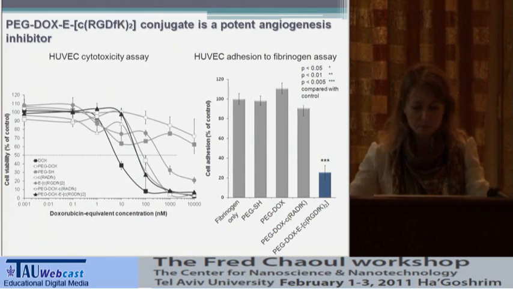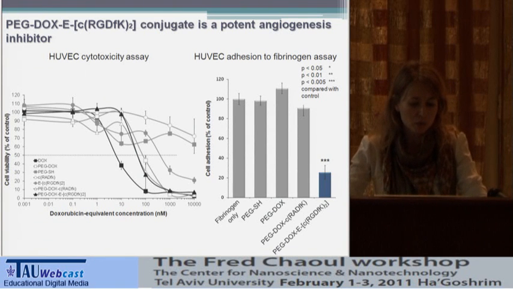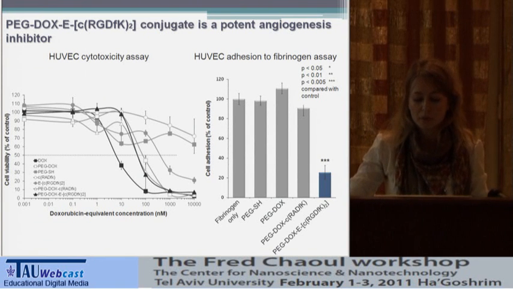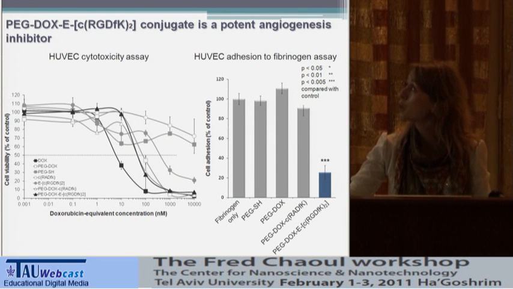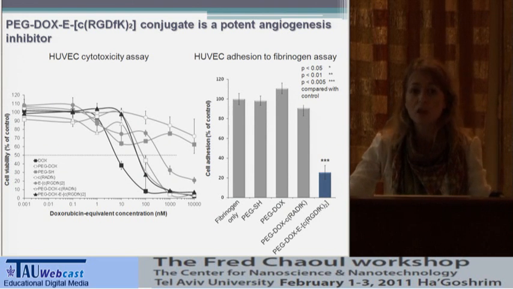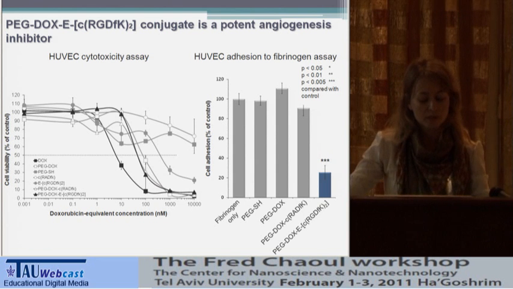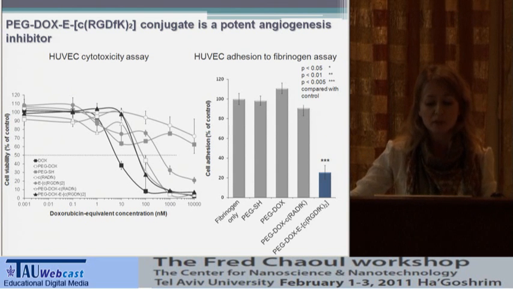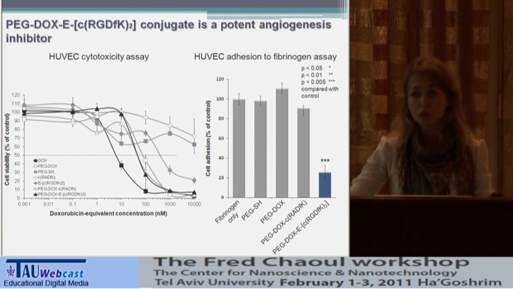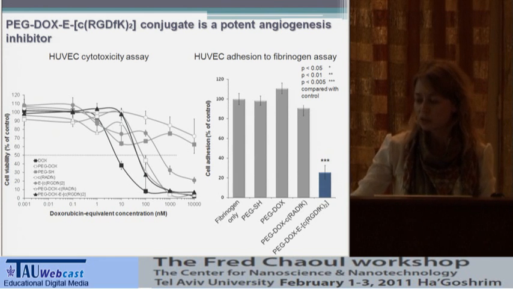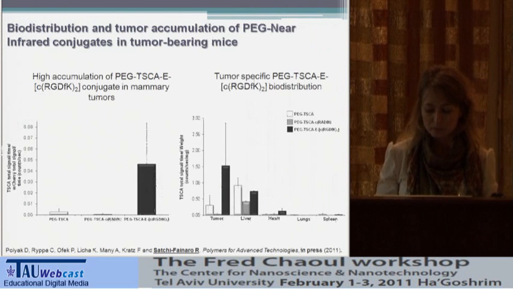The pegylated doxorubicin bearing the RGD peptide inhibited the adhesion of human umbilical vein endothelial cells to fibrinogen as opposed to controls. It also decreased the viability of HUVEC in a similar manner as free doxorubicin and the non-targeted conjugates.